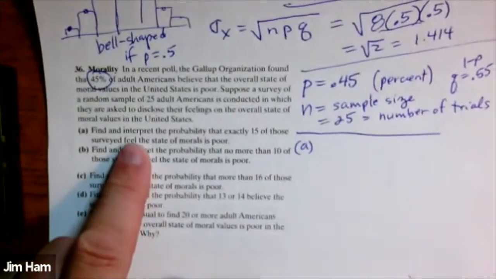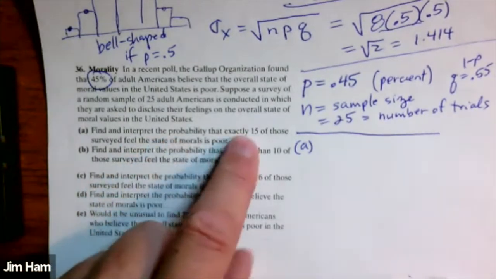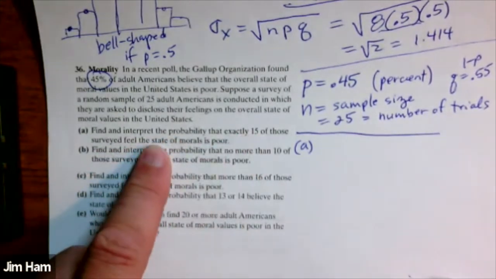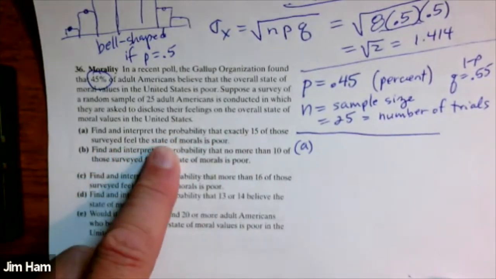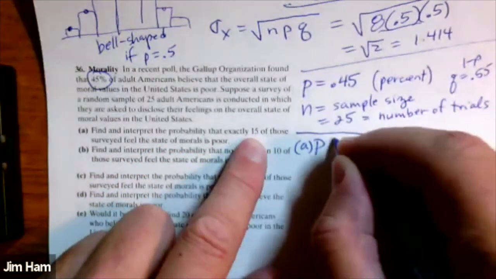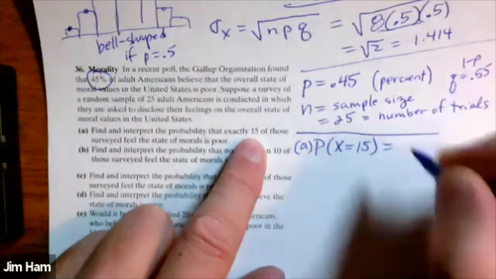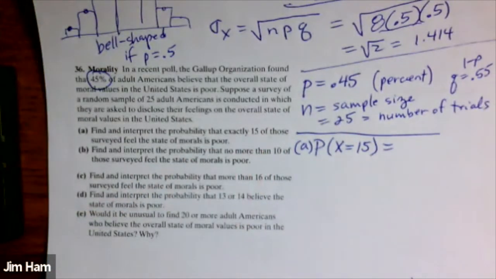All right, let's take a look at the problems. A says find and interpret the probability that exactly 15 of those surveyed feel the state of morals is poor. That's a success. So what's the probability that X is equal to 15? They're asking for the probability of one specific X value, so out of the 25, exactly 15 will say it, and that's it.